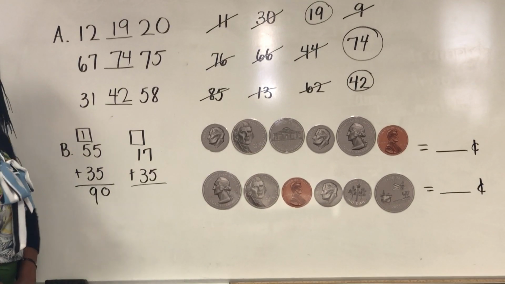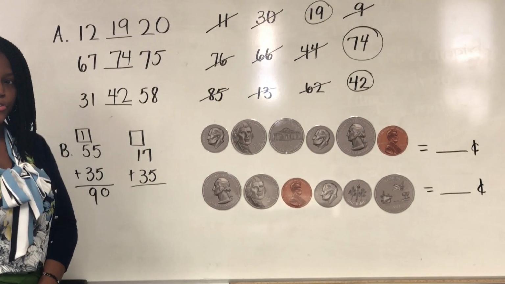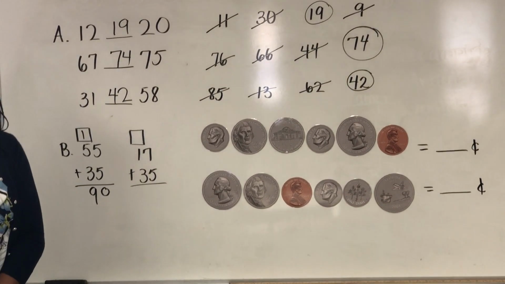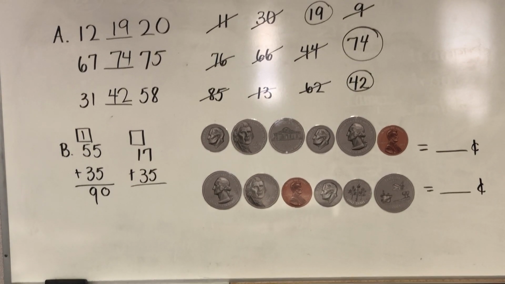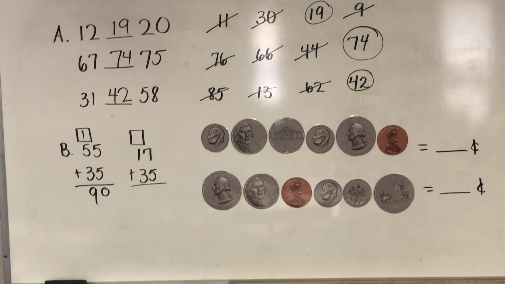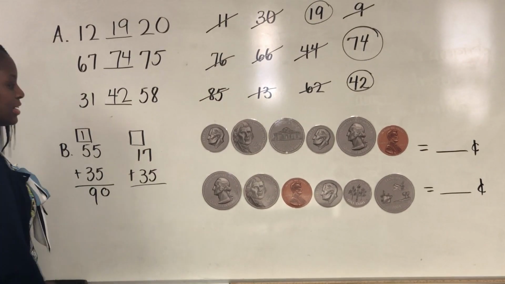All right, go ahead and do the next one on your own. 17 plus 35. All right, boys and girls, what's 7 plus 5? 7 plus 5 is 12.